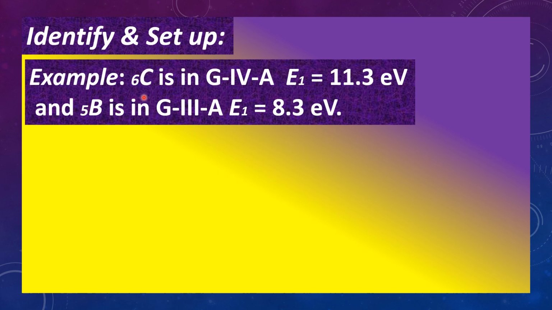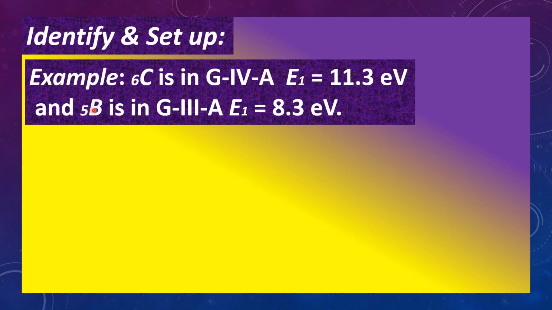But let's look at the case of carbon with atomic number 6 belonging to group 4A and with the first ionization energy equal to 11.3 electron volts.